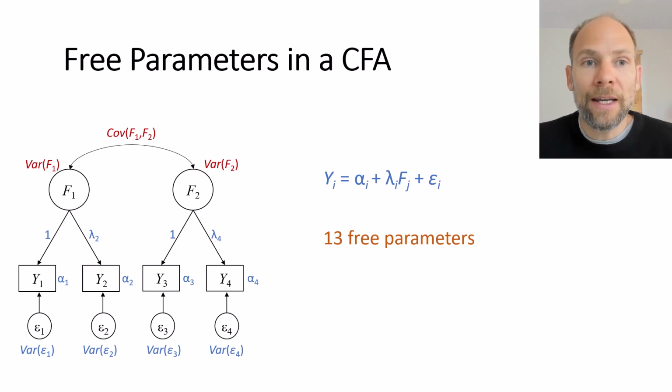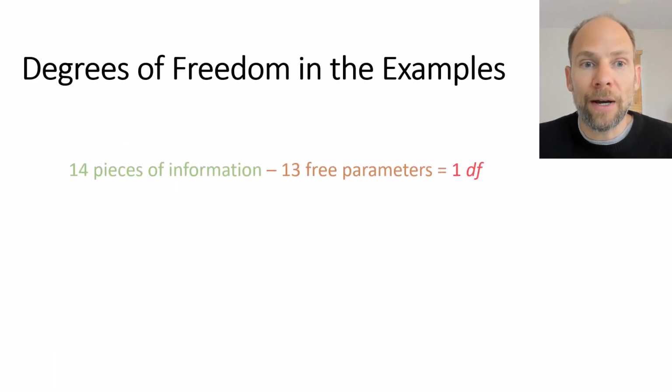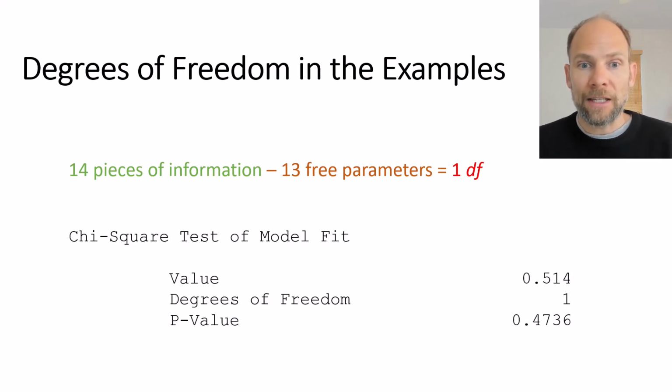Now, how do we get to the degrees of freedom in our examples? We have seen previously that there were 14 pieces of information, 4 means, 4 variances, and 6 covariances in the observed data. And we subtract the 13 free parameters in either model from those 14 pieces of information, which yields 1 degree of freedom. This means this particular model has 1 testable restriction, and this can be tested with a chi-square test of model fit.